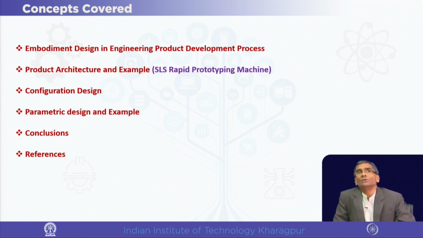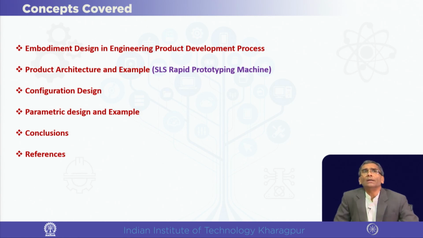Then we will talk about configuration design, that is, the size, shape, etc. And finally, the parametric design, most importantly, where the dimensioning and tolerances are finalized, and that also will come with an example.